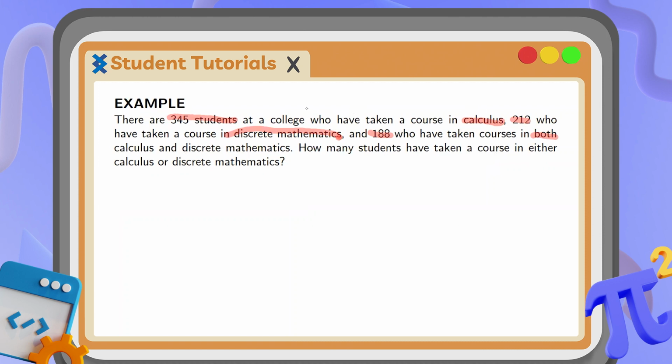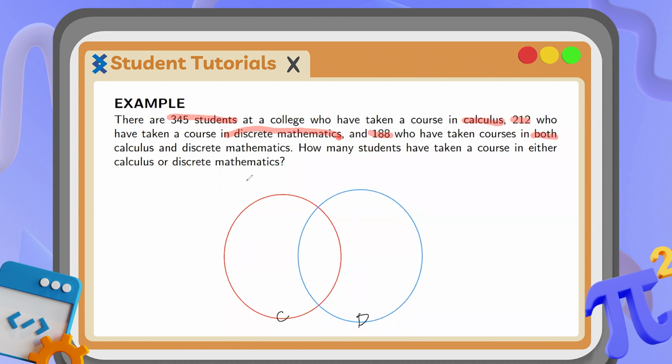Let's first define our sets. This one would be for calculus, this one for discrete mathematics. So we have 345 who have taken calculus, 212 who have taken discrete math, and 188 who have taken both.